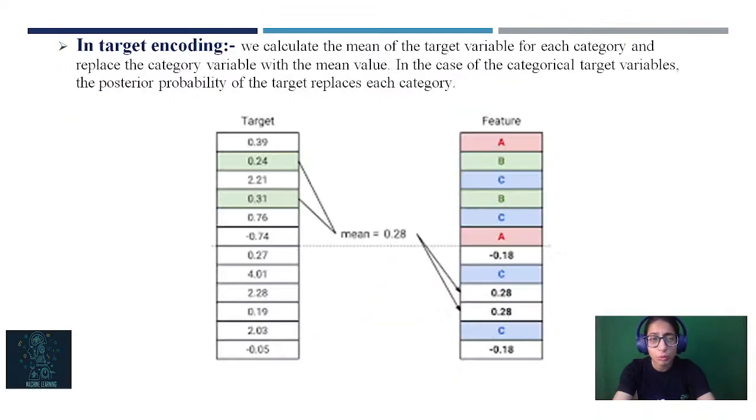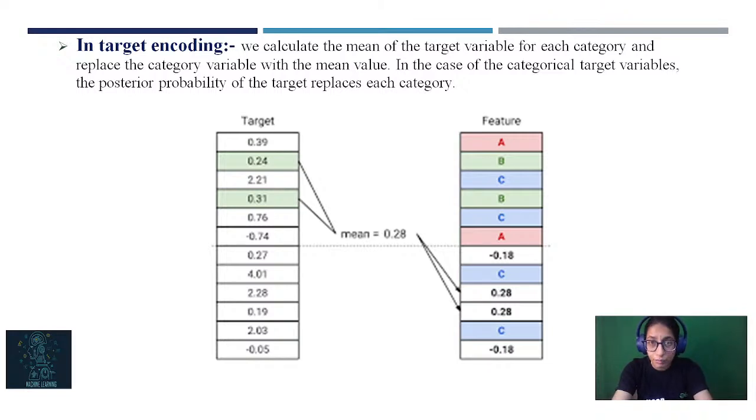Now, similar to one hot encoding is target encoding. These are basically the same, but target encoding is a process of replacing a categorical value with the mean of the target variable. We calculate the mean of the target variable for each and every category, and use it to replace the category variable with the mean value.